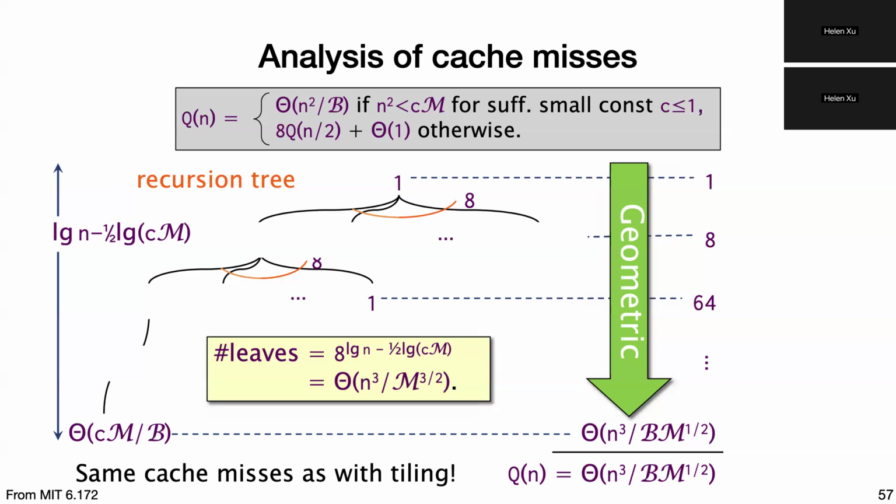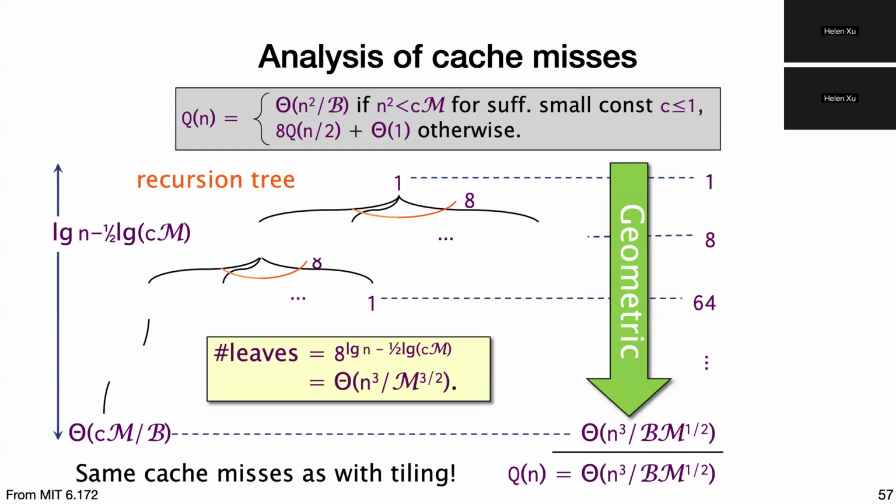In the work, we said this is the number of leaves and this is the work per leaf. There it was more straightforward: there are n cubed leaves and we have to do theta 1 work per leaf. Here, there are this many leaves, and how many cache misses are we going to do at each leaf? We got it from the base case in the recursion: n squared over b, and n squared is bounded by this, so this is theta m over b.